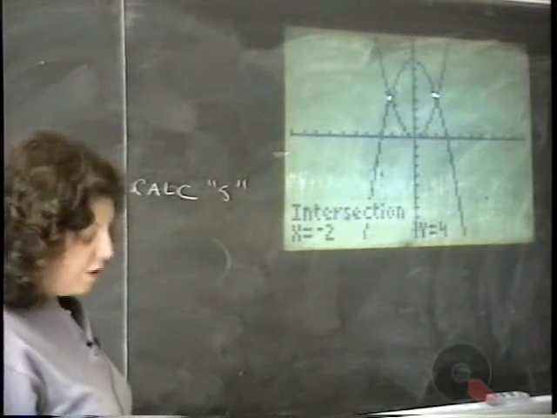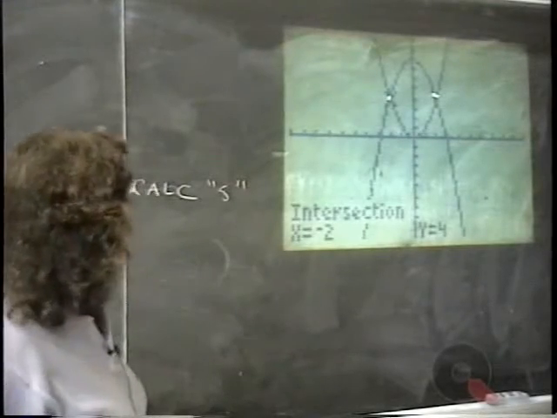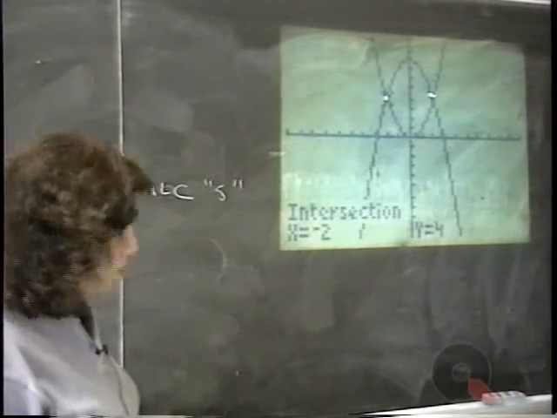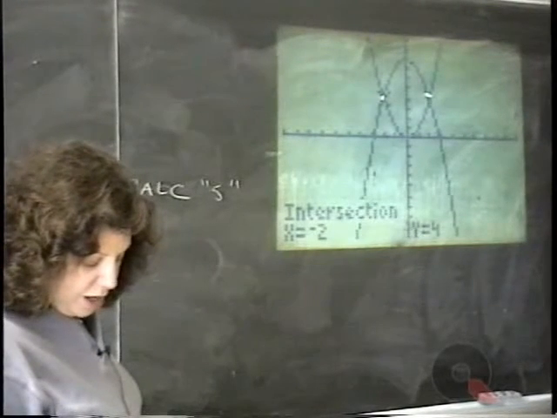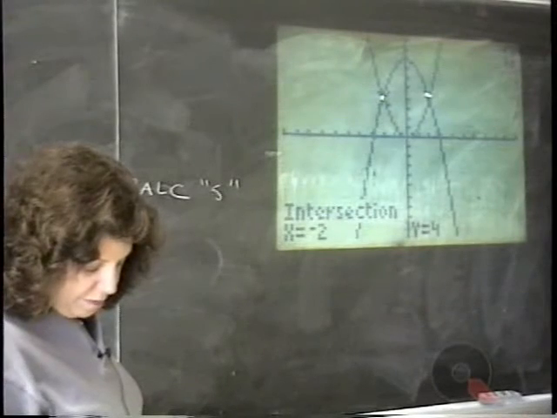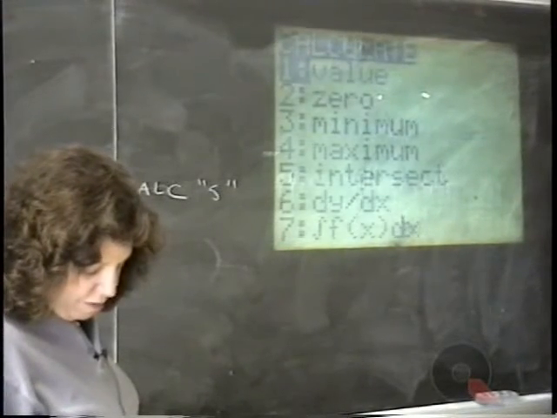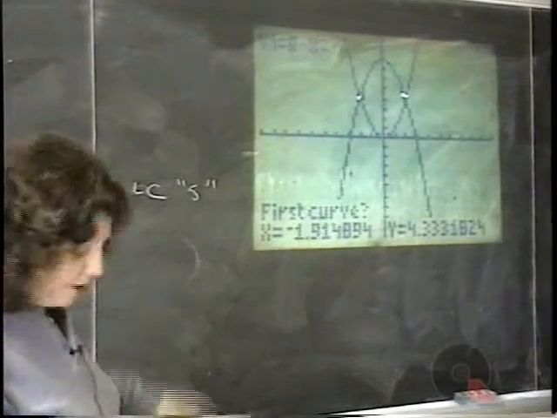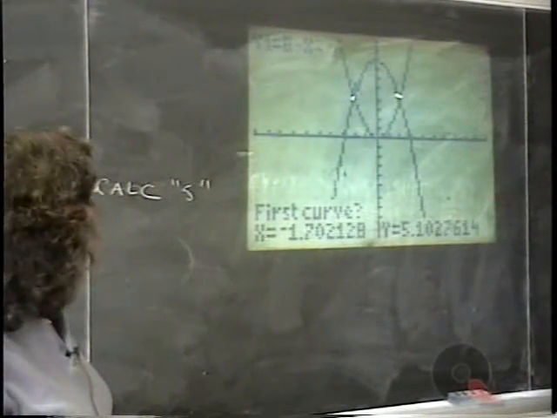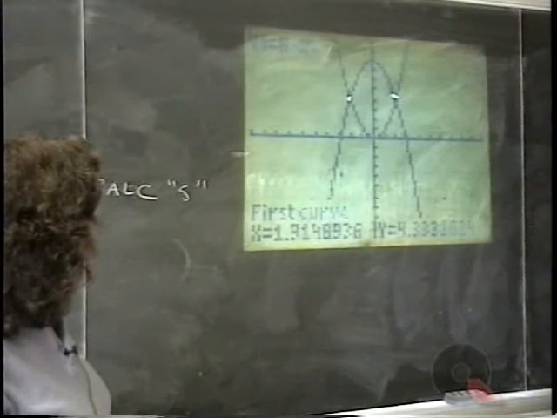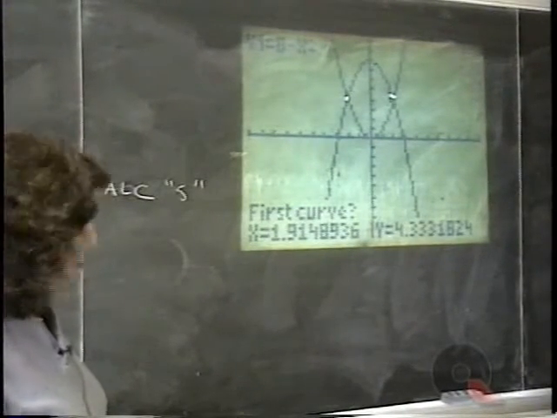If we want to find the other point of intersection, I mean, here we have a symmetric situation, but many times we don't. We have to repeat the procedure. Okay, let us second calc 5 again. However, now it's flashing in the wrong area, so I'm going to move my cursor that goes to the right over to where the other point of intersection is located.